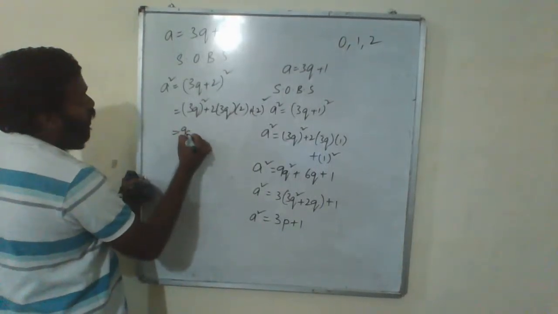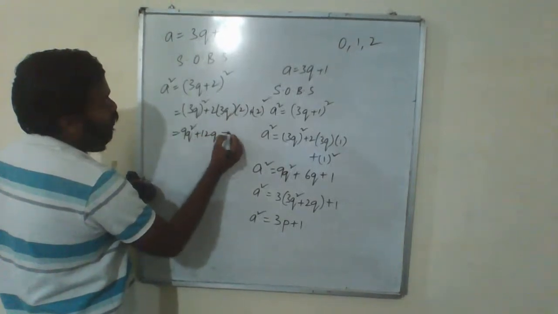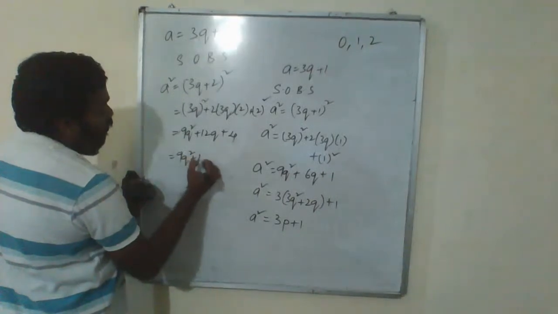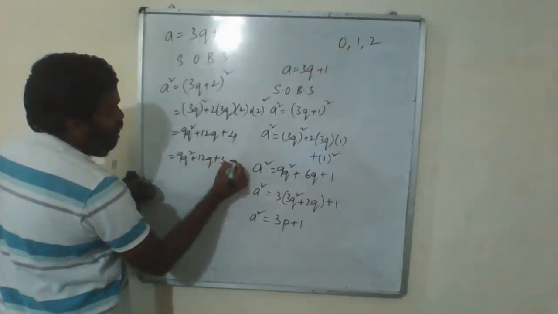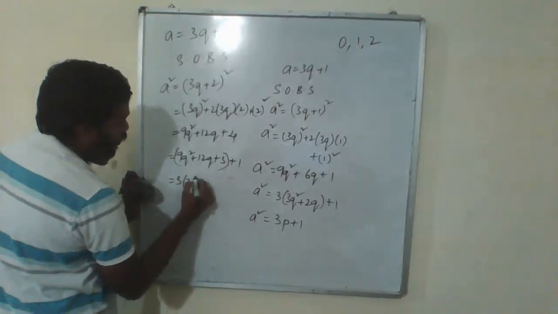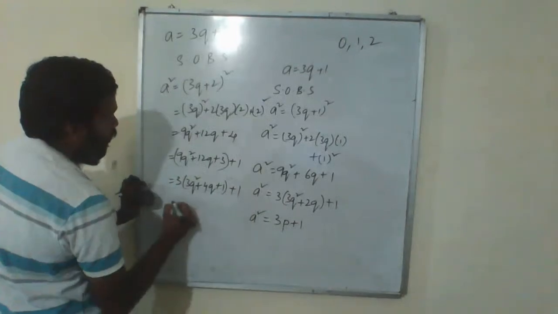That is 9q square plus 2 3s are 6, 2 6s are 12, 12q, plus 2 square is 4. Again you can take 4 as 3 plus 1, so from this you can take 3 as common, that is 3 times q square plus 4q plus 1, plus 1.